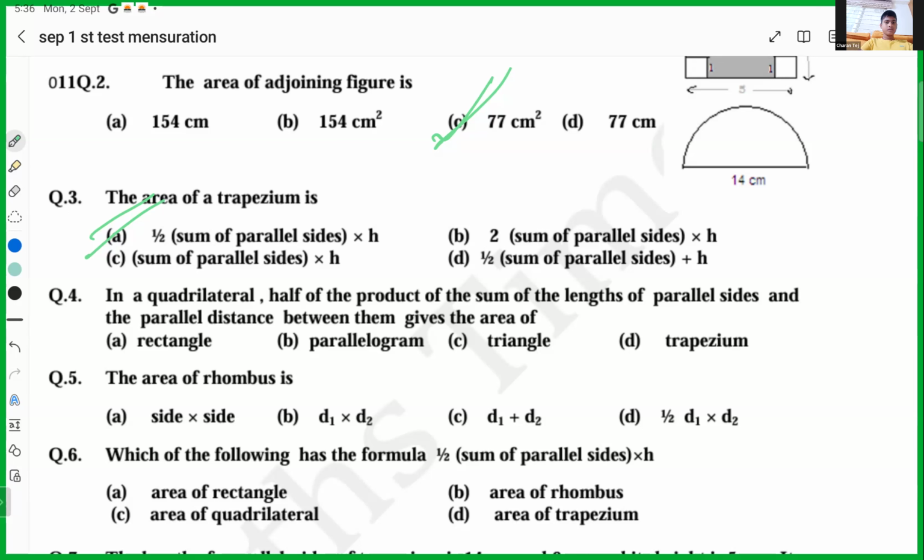Here one keyword we can concentrate on is parallel sides. And the parallel distance between them gives the area. So half of the product of the sum of lengths of parallel sides. Sir, but here it is marked wrong, sir.